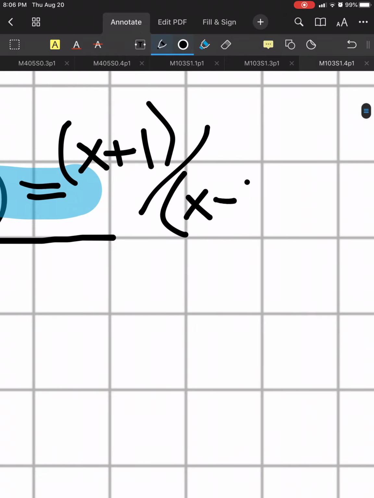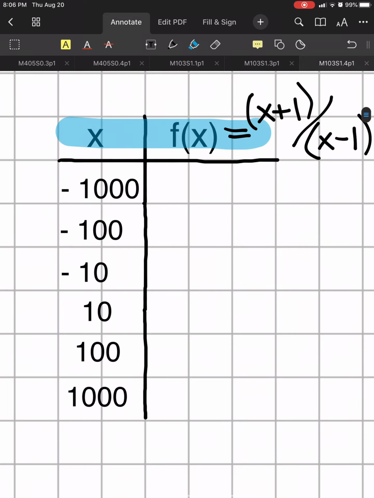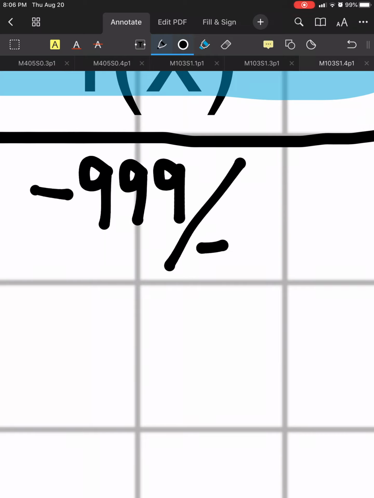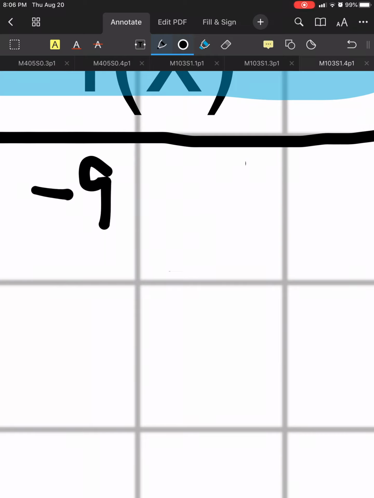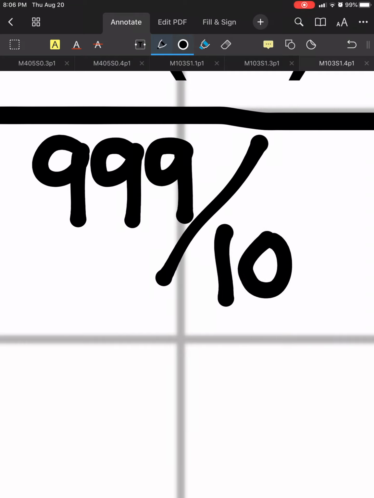And if we look at this, we should get essentially negative 999 over negative 1001. Actually, those are both negative, but let me go ahead and cancel the negatives here. So we get 999 over 1001.